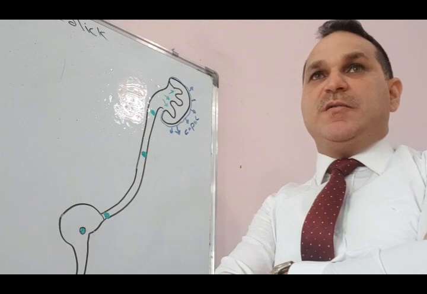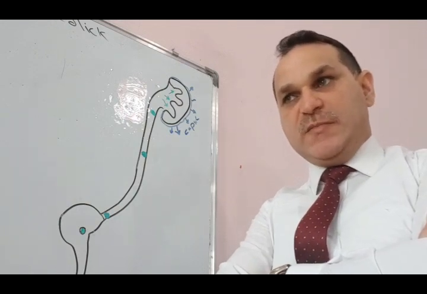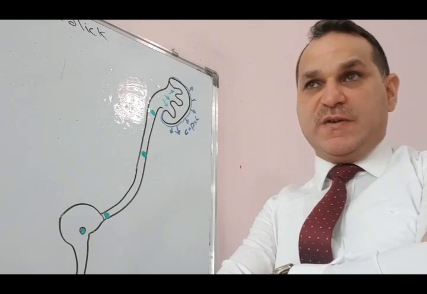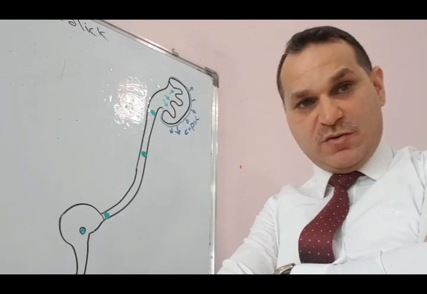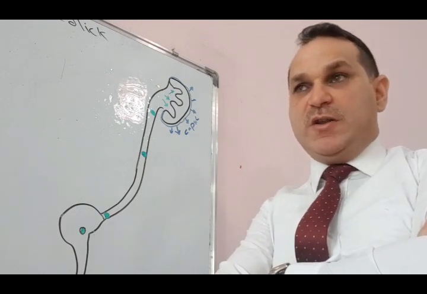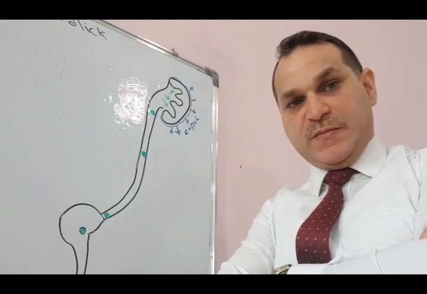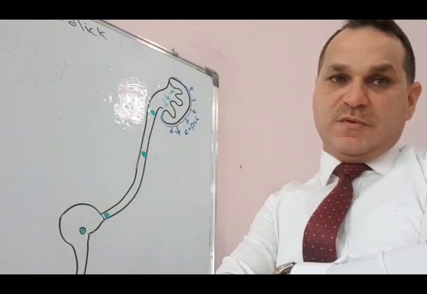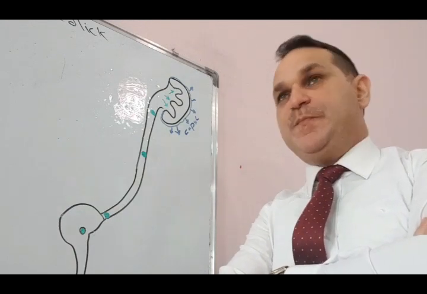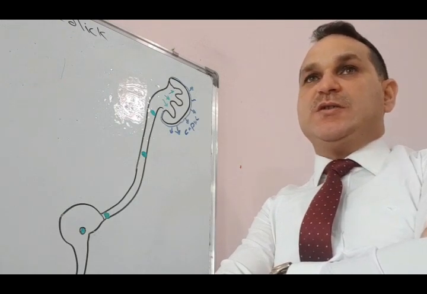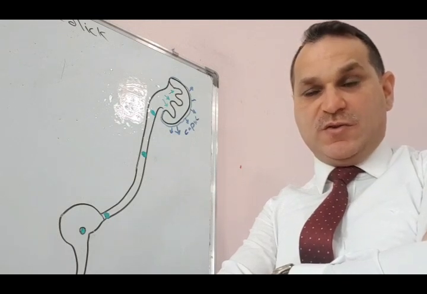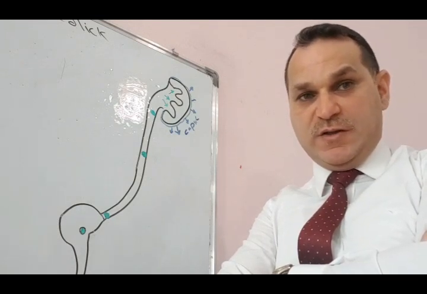But if the stone is bigger than expected or difficult to treat by retrograde ureterorenoscope, we can shift him for open surgery or even laparoscopic ureterolithotomy. We have 2 types of ureterolithotomy: laparoscopic and open. So the line of management or intervention in ureteric colic is the following.